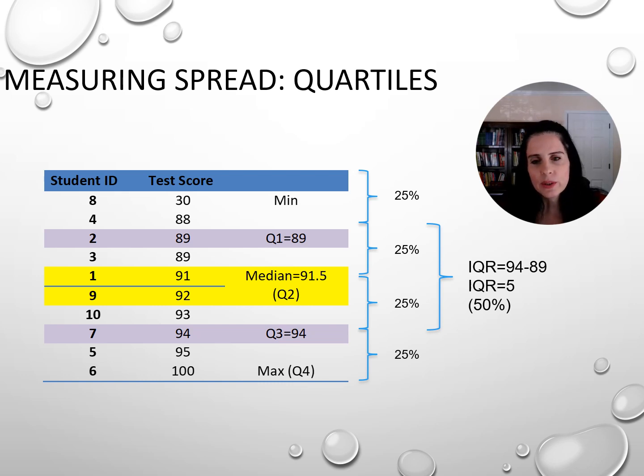We use the word quartiles because these values divide the distribution into quarters or groups that represent 25% of the sample. For instance, the first quarter includes the individuals who scored between the minimum value and Q1, and they represent 25% of the sample.